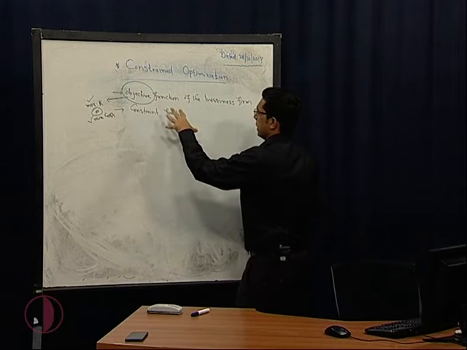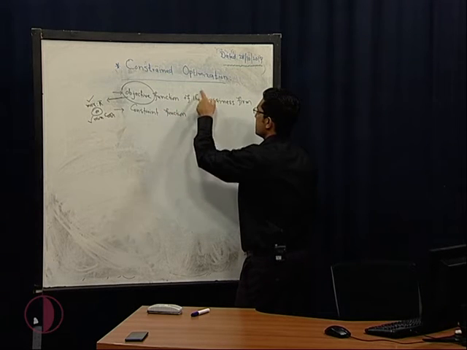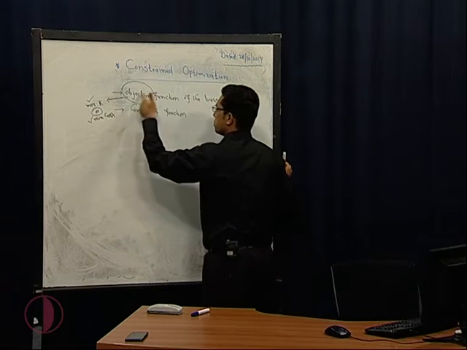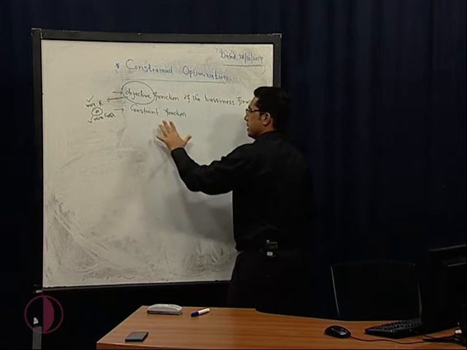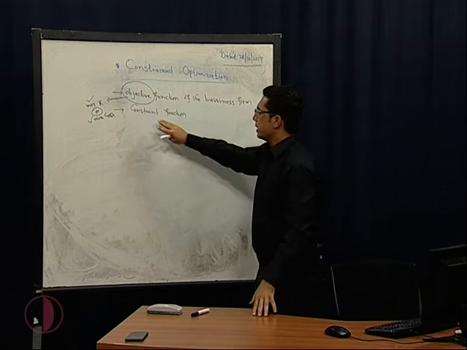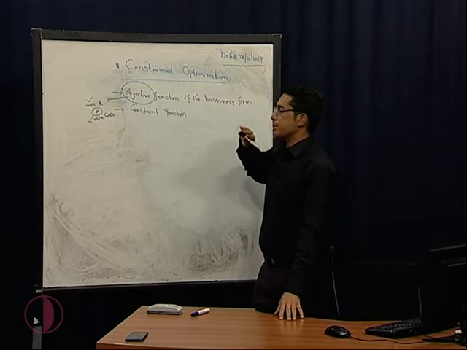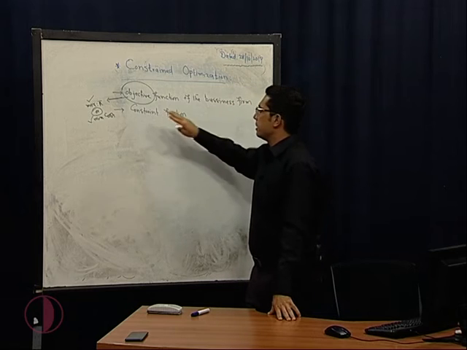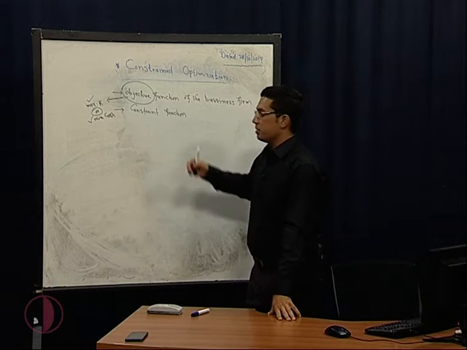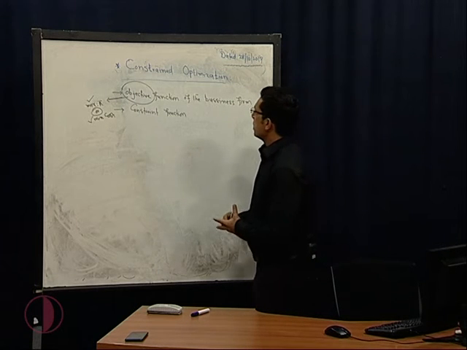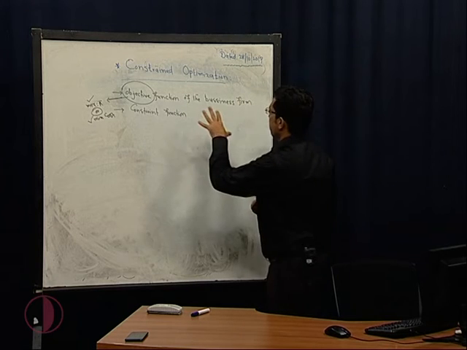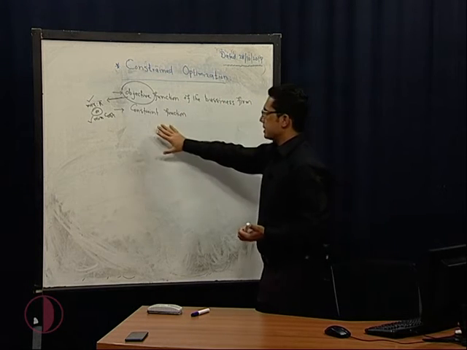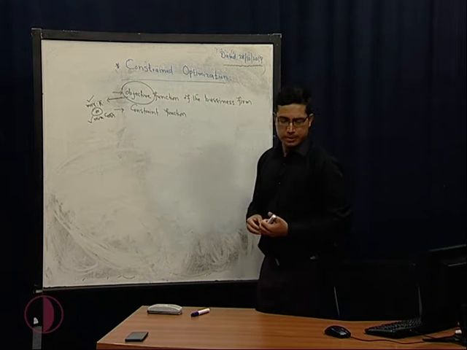In this case, the business firm tries to maximize its profit subject to some constraints it faces. The constraints may be legal, environmental, physical, or financial. So, the basic objective of the business firm is to maximize its profit subject to the constraints it faces.